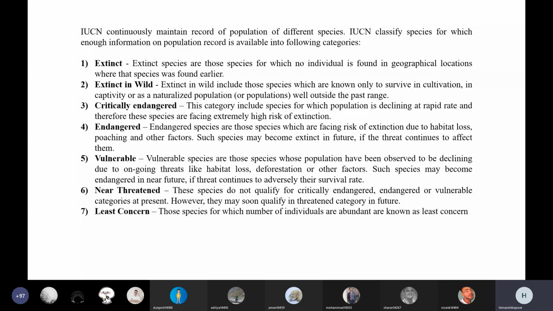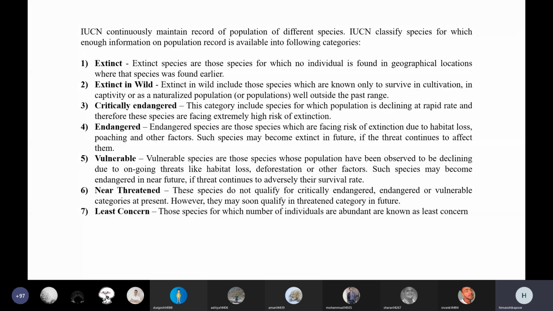So वही natural processes है, habitat loss, poaching and other anthropogenic activities are pushing these endangered species to the brink and to be classified as critically endangered. If we do not address the threats, then obviously these species will become extinct in the near future.